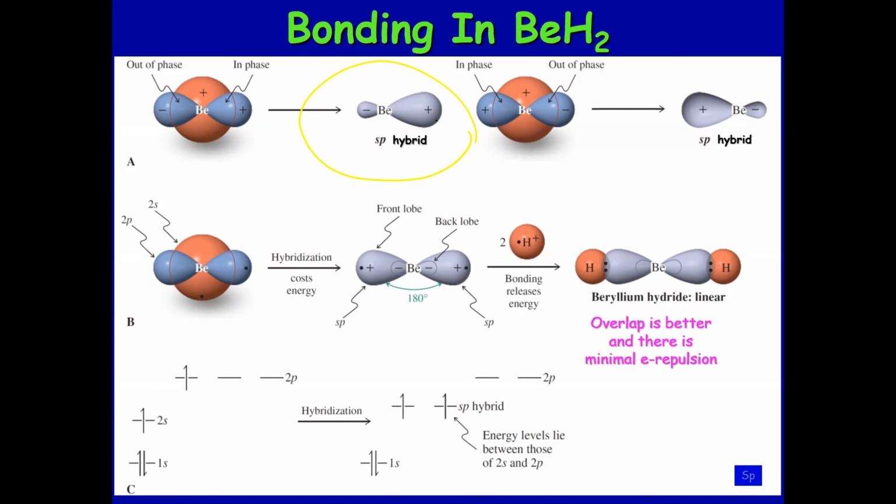Let's look at the possibilities for beryllium and why we have the shape that we have for the sp, sp2, and sp3 hybrids. Where they are both plus, they are in phase, so this will increase. Where you have a plus and a minus, they are out of phase, so this will decrease. And you will get the shape that we are normally used to for hybridization.